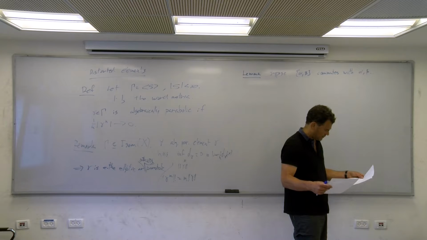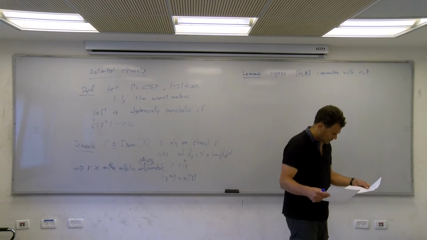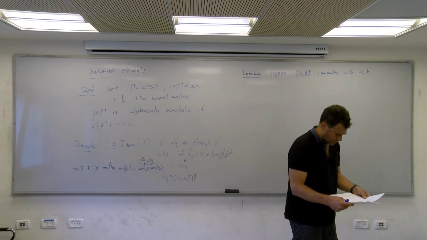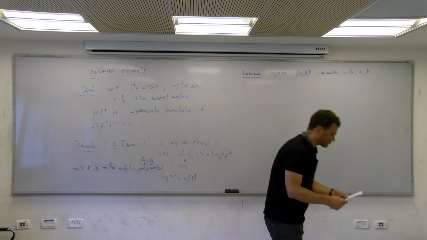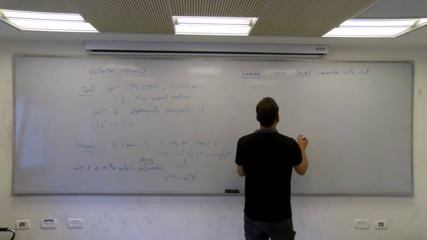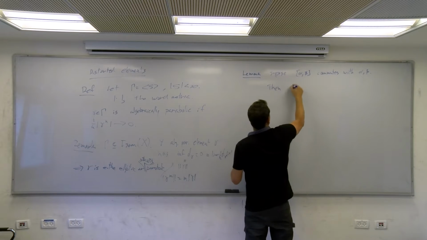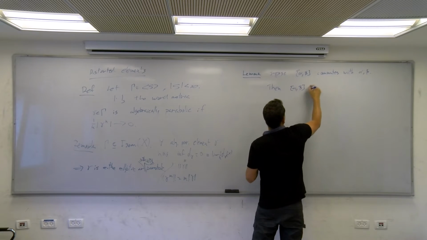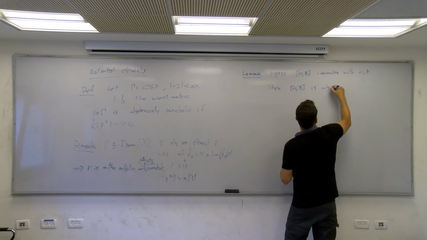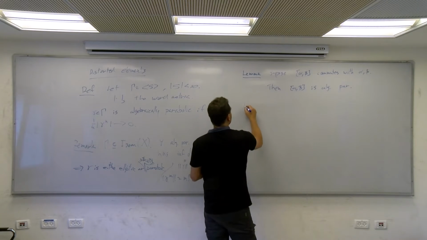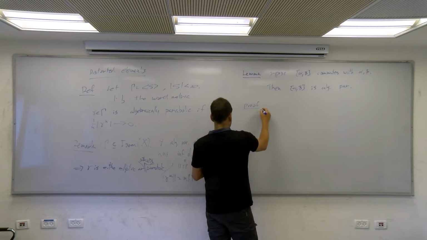And you get that alpha beta is algebraically parabolic, and the proof is the following.